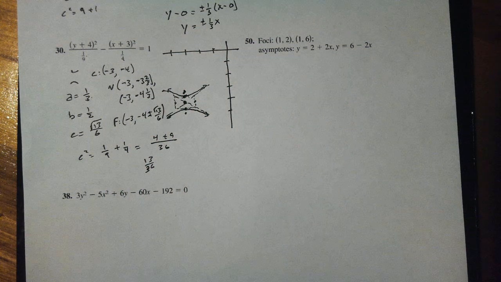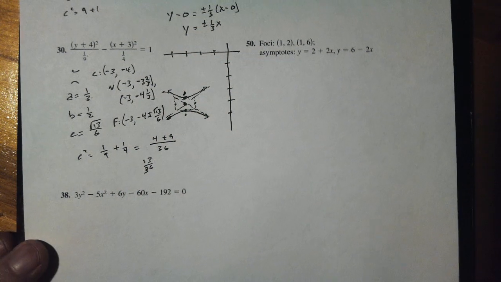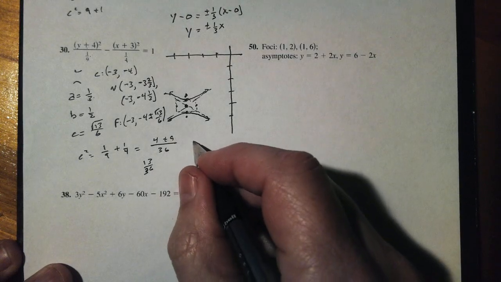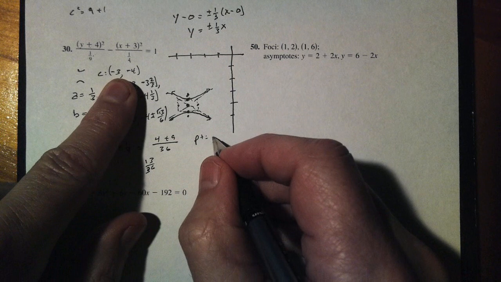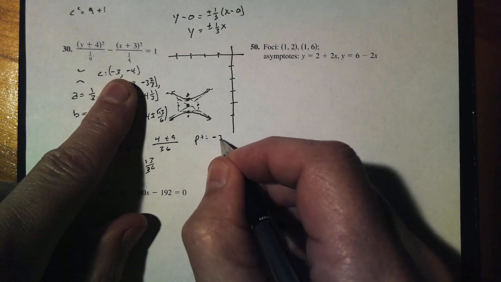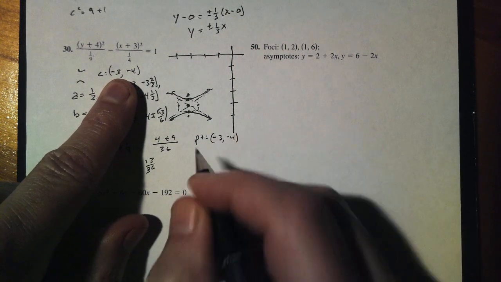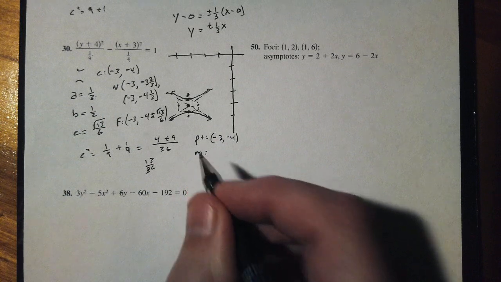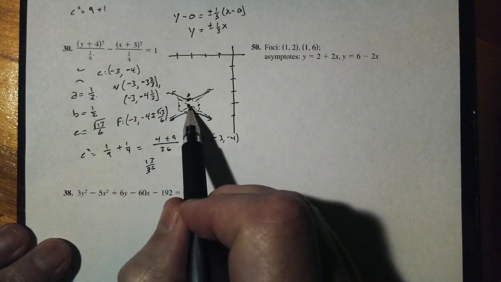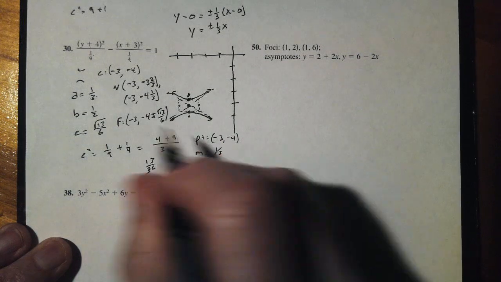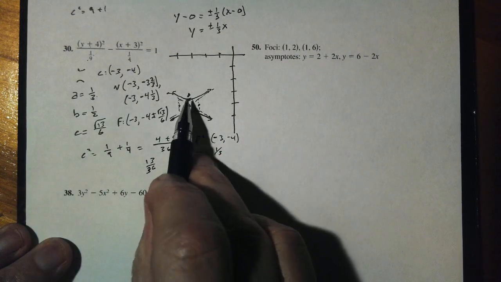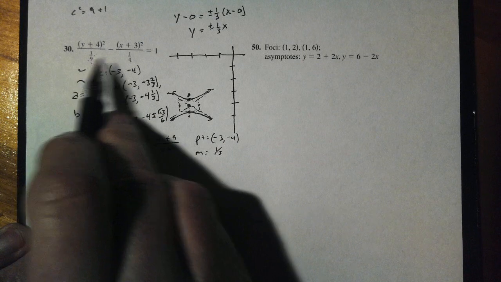And elusive asymptotes, which should not be bad. I need a point. The point they both pass through is negative 3, negative 4. I need a slope. To get here, I had a rise of 1/3, up 1/3, that's my y change.